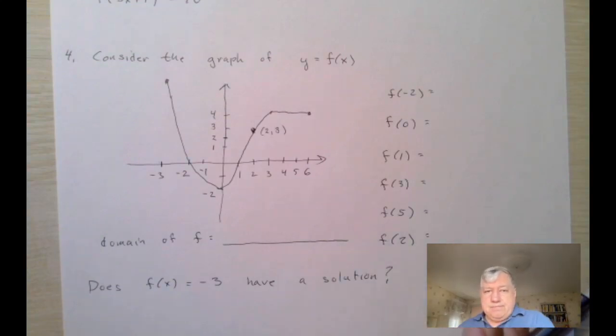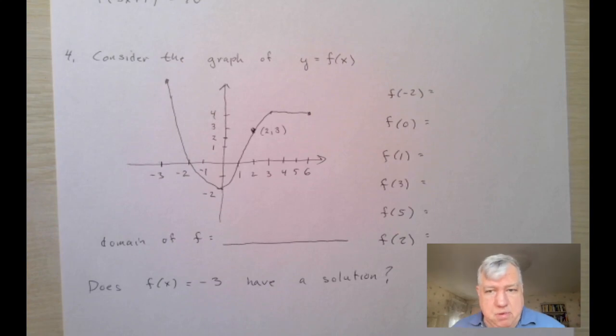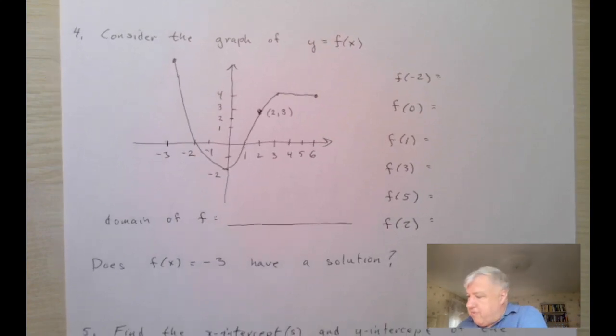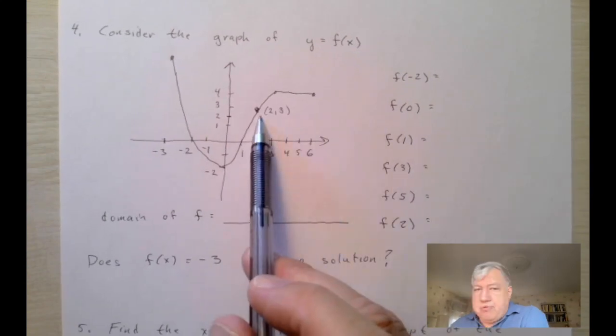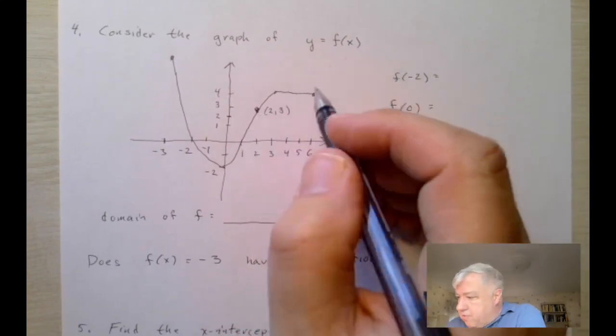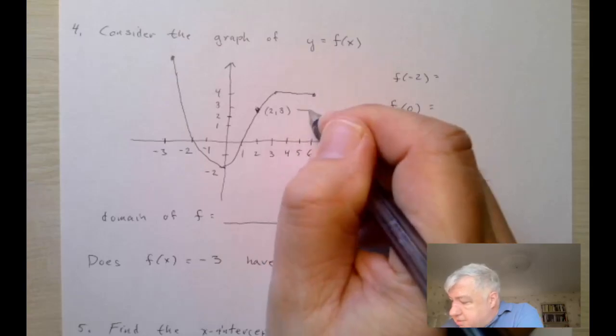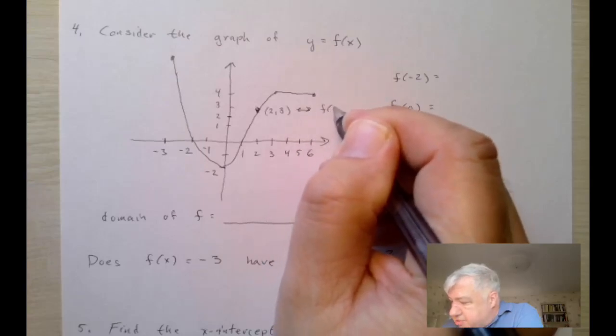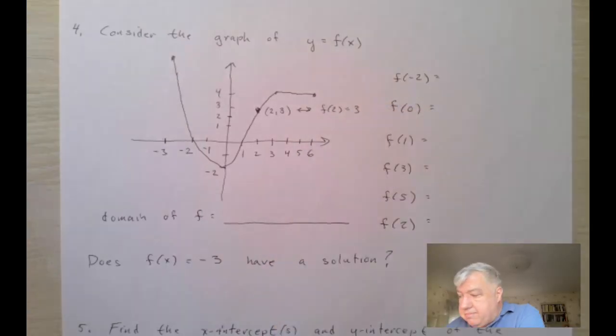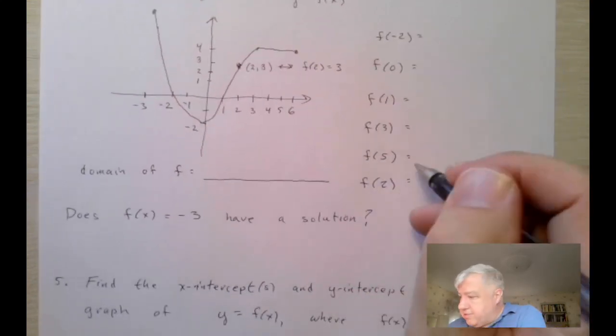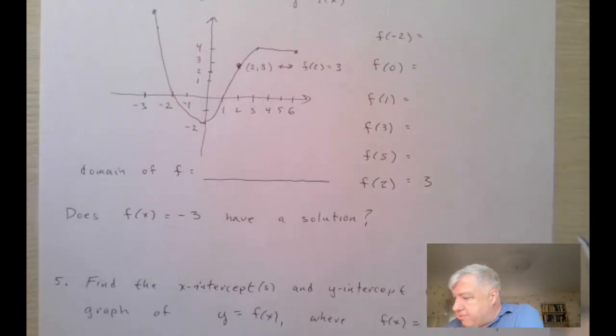In this case, we do not have a formula, but we do have a graph. For example, the point (2, 3) is on the graph, which is equivalent to saying that f of 2 is equal to 3.